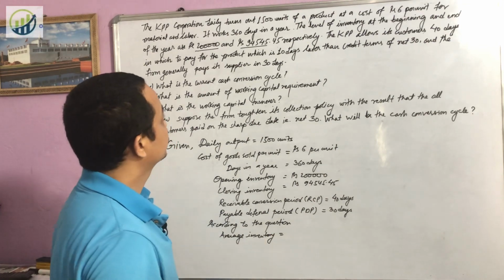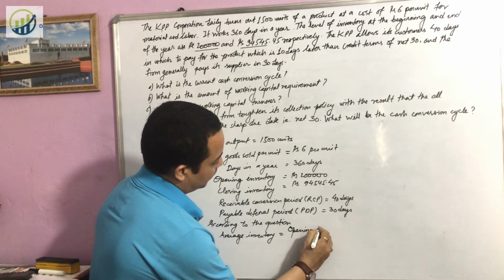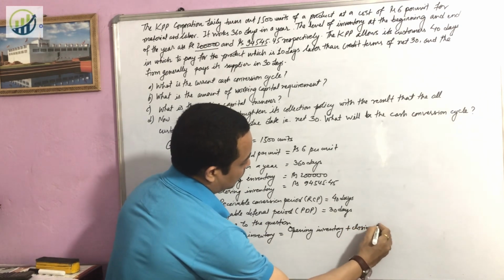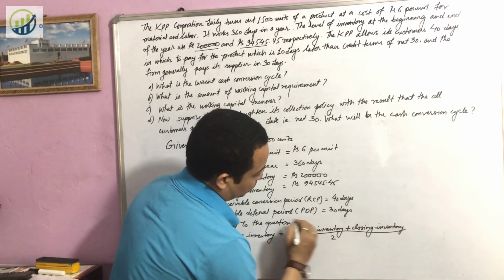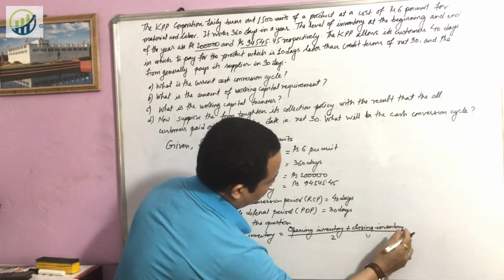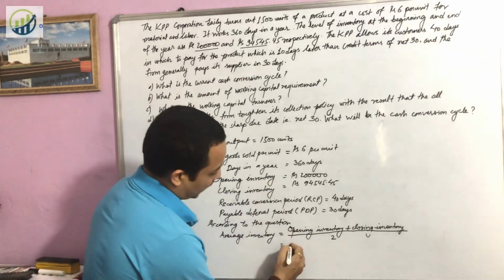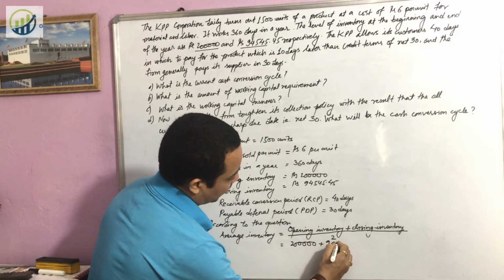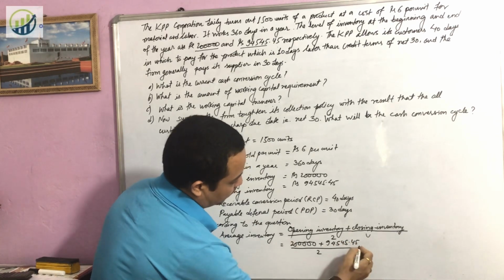Equal to opening inventory plus closing inventory over 2. So here let's put the value. Opening inventory is 2 lakh and closing is 94,545.45, and your denominator is 2.